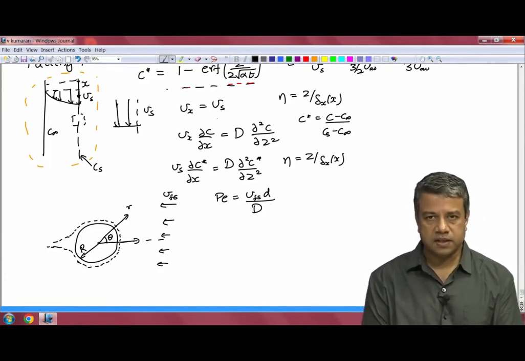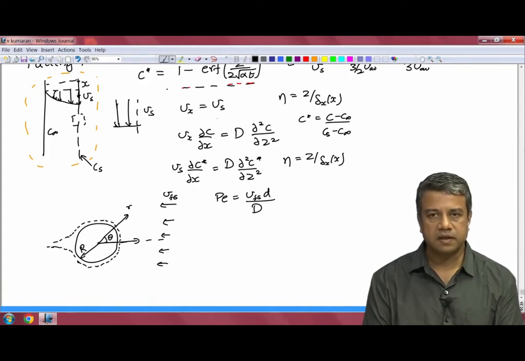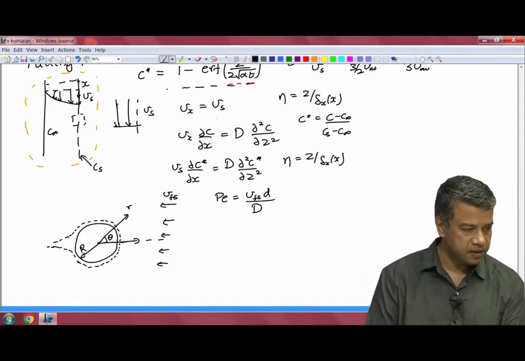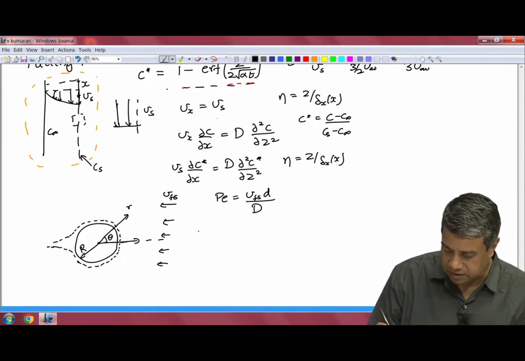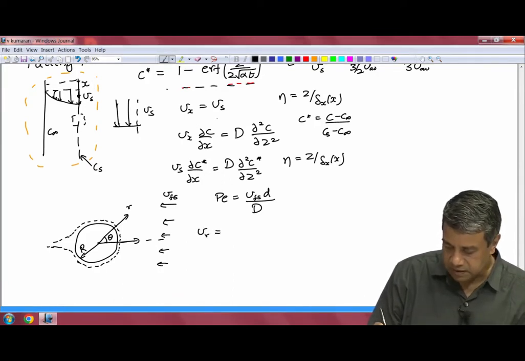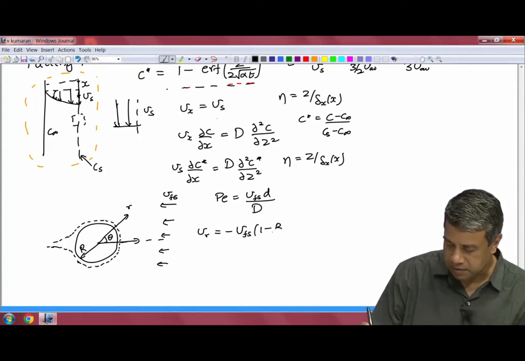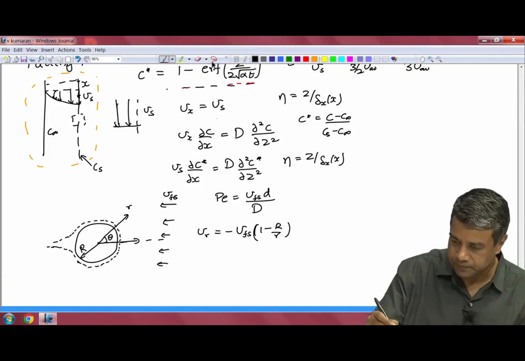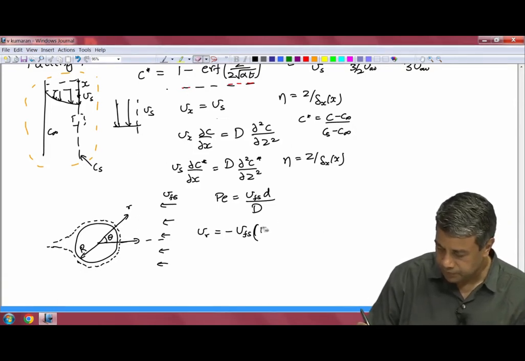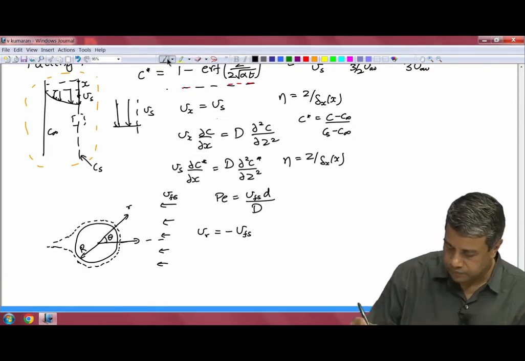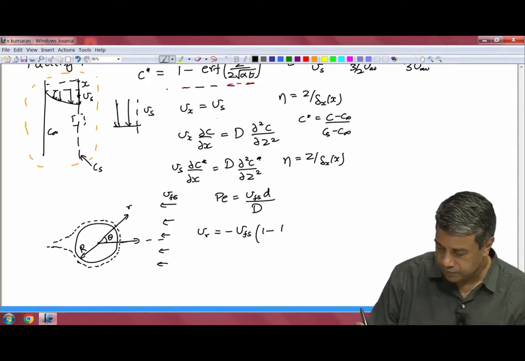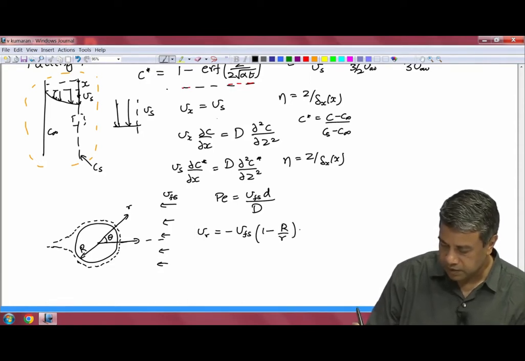Now, this is a forced convection problem. The velocity field is specified. In this particular case, you are given that in this configuration, the radial velocity V r is equal to minus V f s into 1 minus R by r, times cos theta.